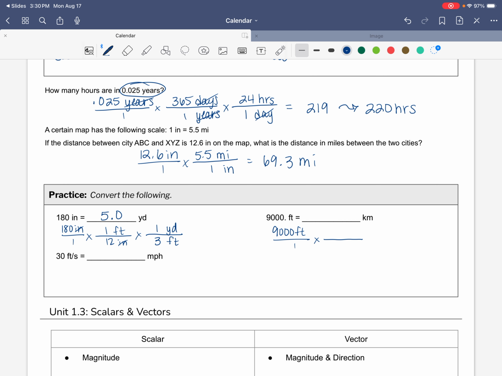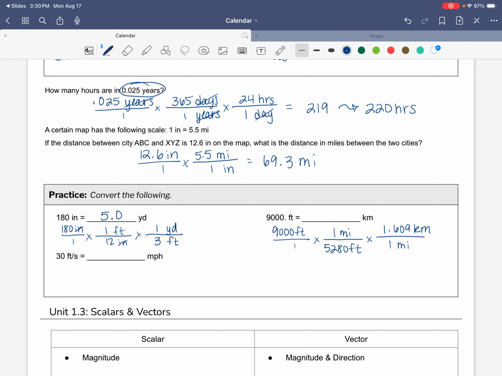My conversion factor: there are 5,280 feet in 1 mile. Then from there, I can go from miles to kilometers, and the conversion factor states that 1 mile, because the mile has to drop down, is equal to 1.609 kilometers.